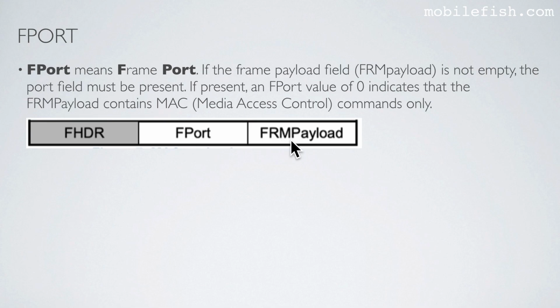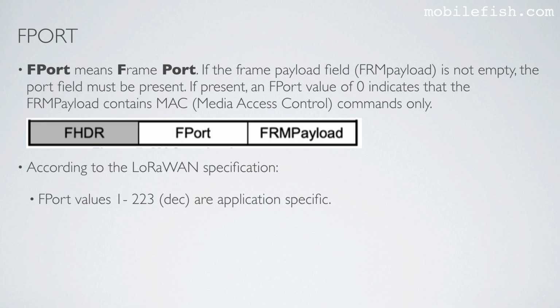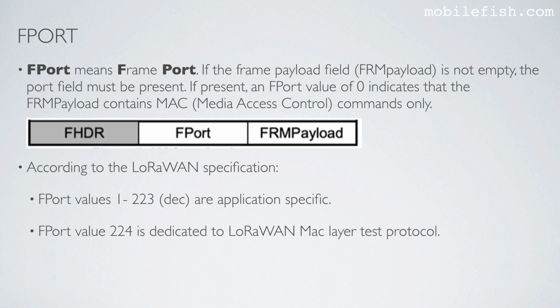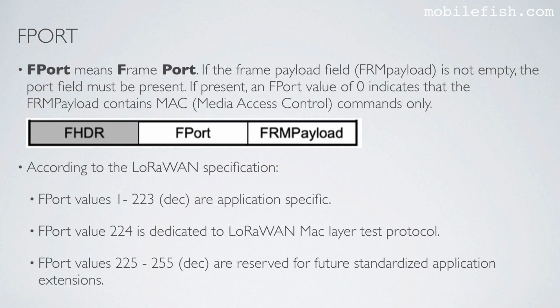Our encrypted sensor data is in this field. According to the LoRaWAN specification, FPort values 1 to 223 are application specific. FPort value 224 is dedicated to the LoRaWAN MAC layer test protocol, and FPort values 225 to 255 are reserved for future standardized application extensions.